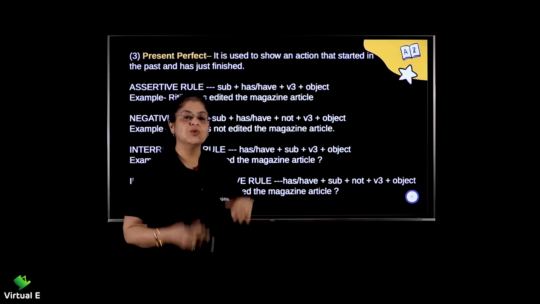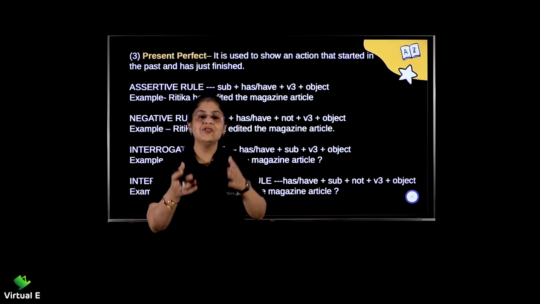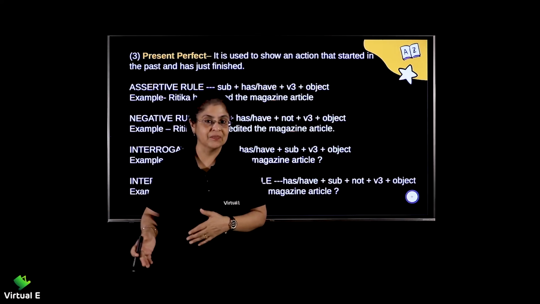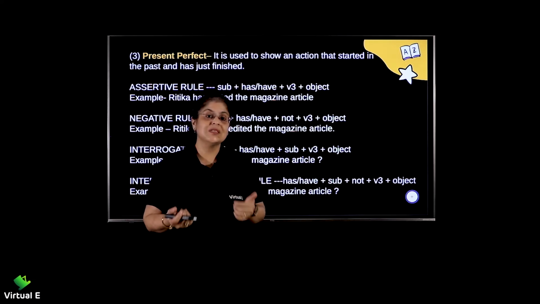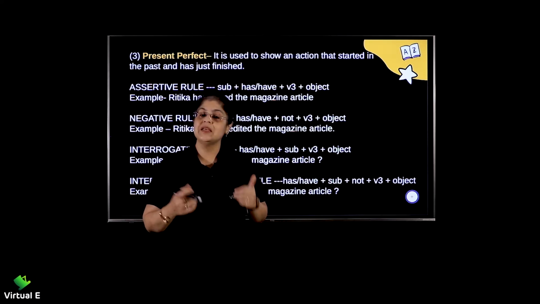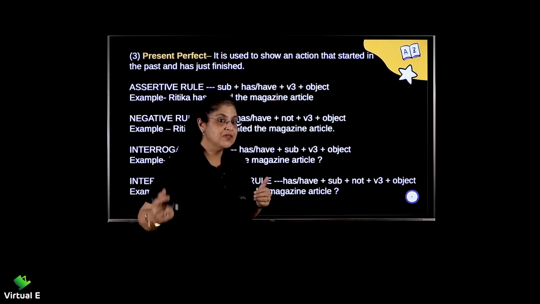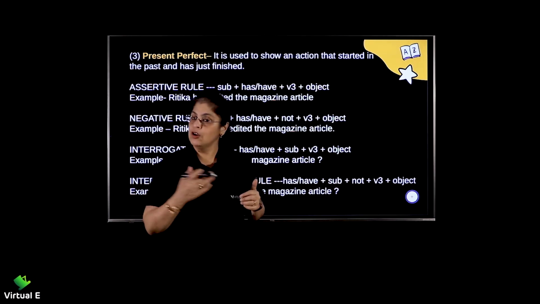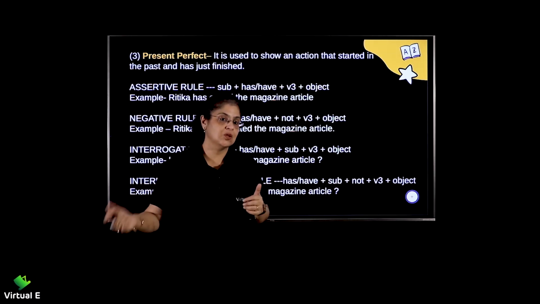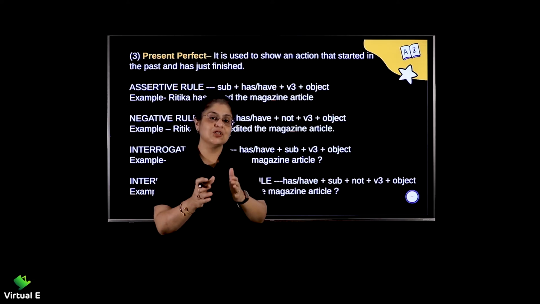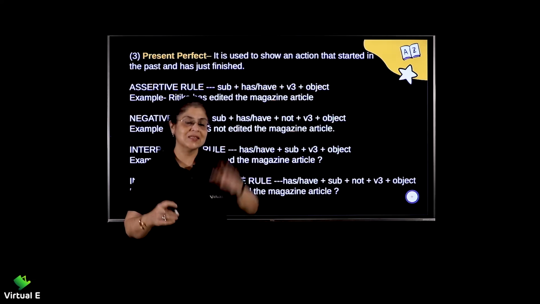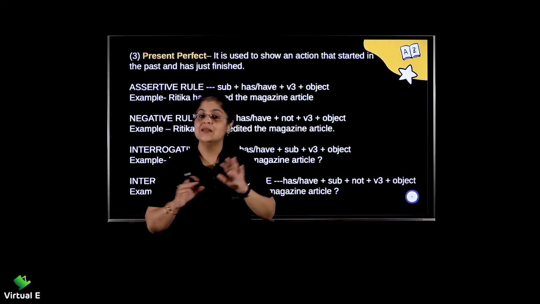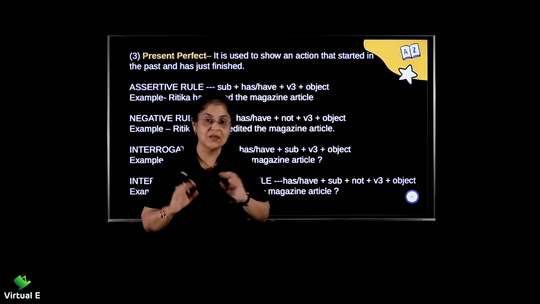My question to you, if I ask you, have you ever been to Dubai? Have you visited Dubai? Right now, either you will tell me a yes or a no. You will tell me, yes, I have visited Dubai, or no, I haven't visited Dubai. When you say I have visited Dubai, what is my conclusion? That yes, you have been and come. There is no fixed time element here.